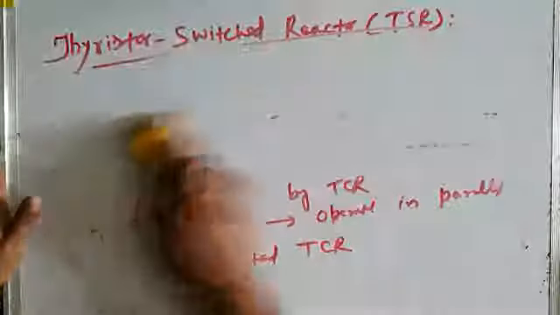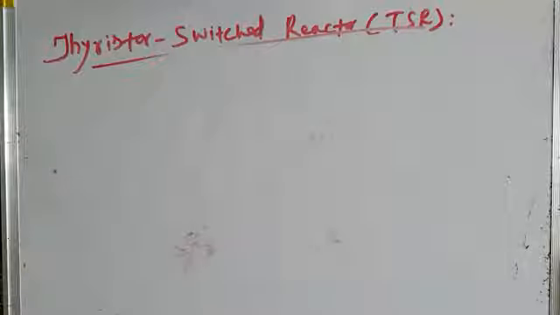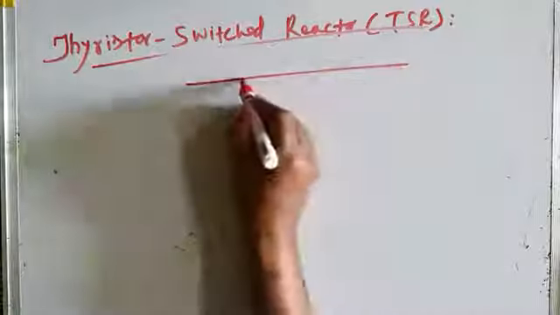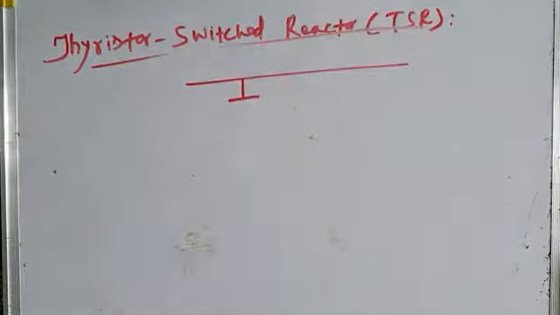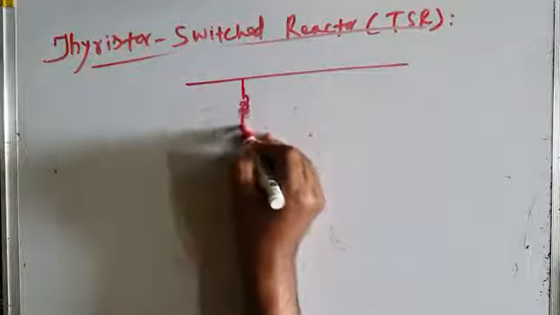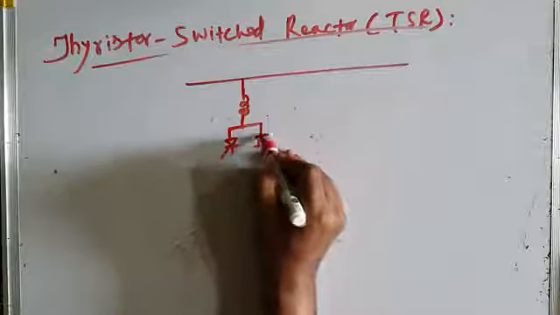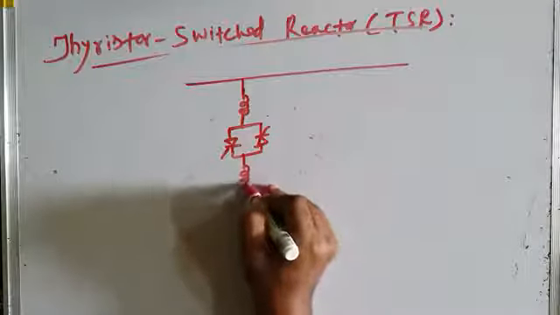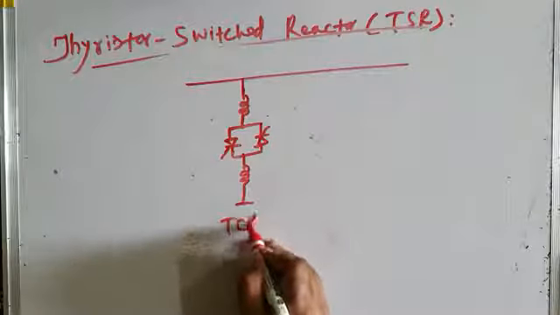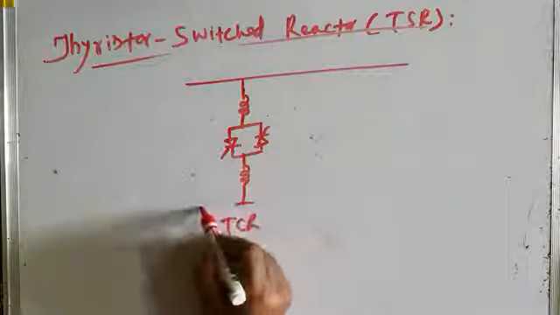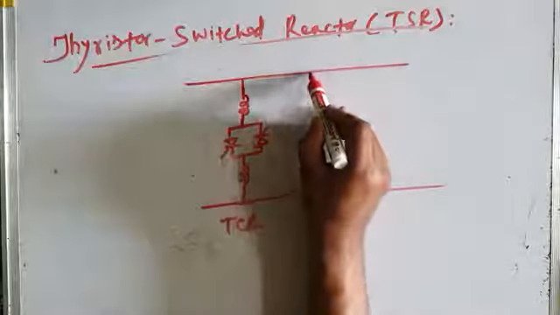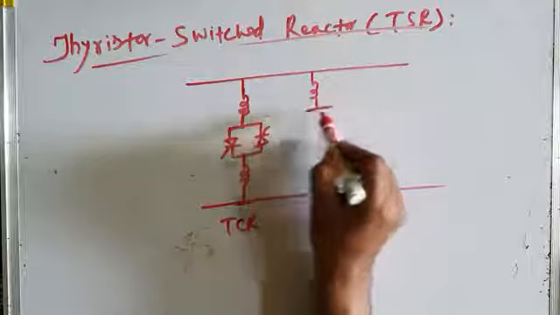So practically it is like this. Segmented TCR is something like this. This is TCR, and then we have many TSRs.